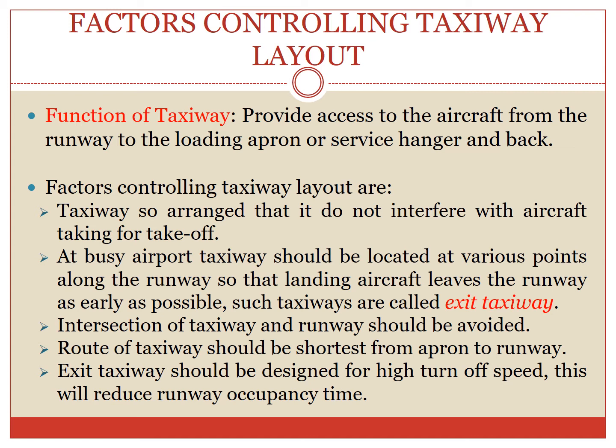Taxiway routing should have one-way operations as far as possible to minimize aeroplane conflicts, delays and interferences. The taxiway system should be planned for a phased development so that future additions are easily possible. These taxiways should be as straight as possible. The taxiway routes should avoid areas where the public could have easy access.